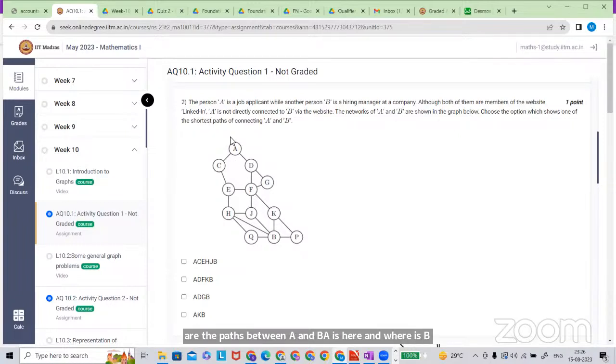There are so many possible ways, but we want the shortest path. You have to count which one is the shortest path. Okay, sir, that is just counting.